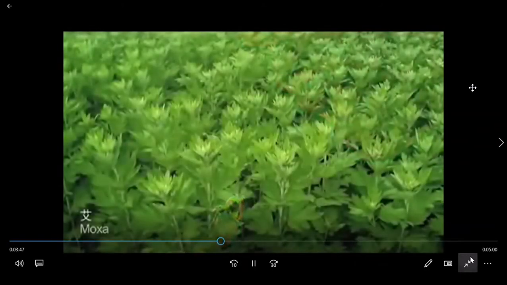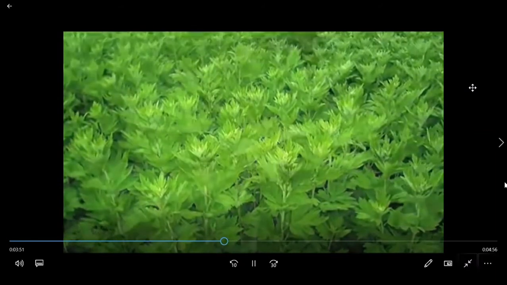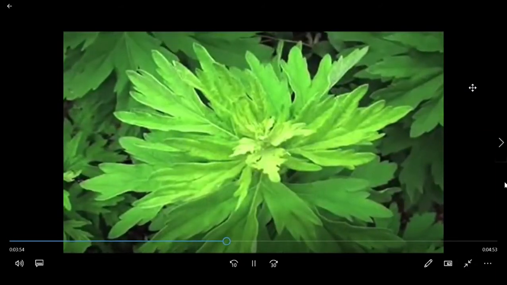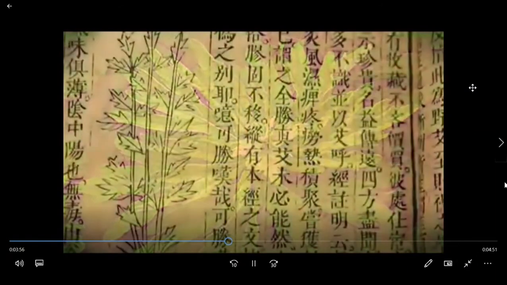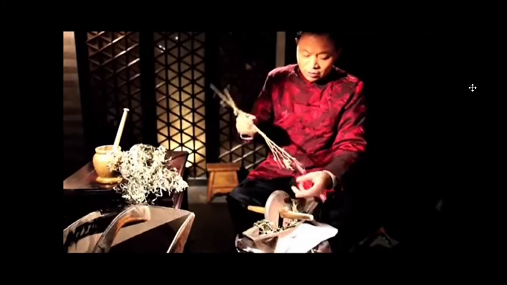The primary material used for moxibustion is artemisiae, commonly known as the moxa plant, which has a particular fragrance and grows in most parts of China. Since ancient times, the Chinese have believed that it has the ability to dispel pathogenic factors. Moxa cones and sticks are made of moxa wool, processed from moxa leaves, which have been dried up and ground into wool.